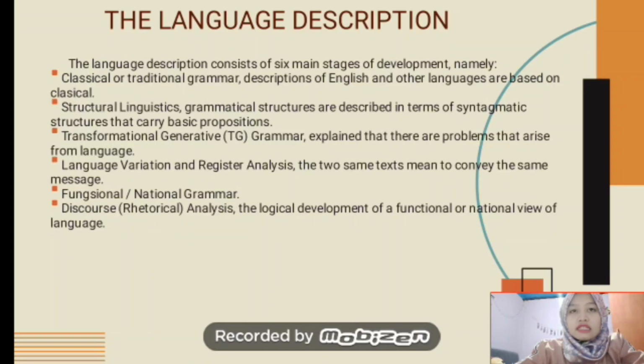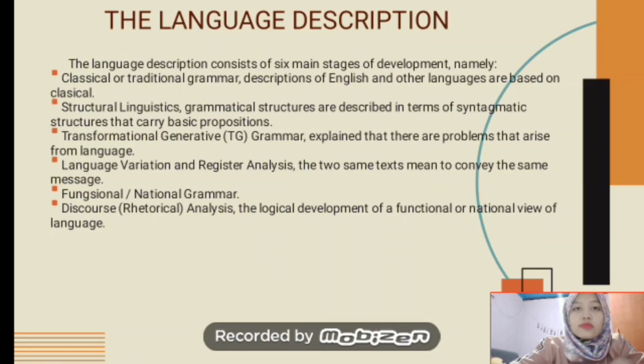The second, structural linguistics. Grammatical structures are described in terms of syntagmatic structures that carry basic proposition. Next, transformational generative grammar. It explains that there are problems that arise from language.